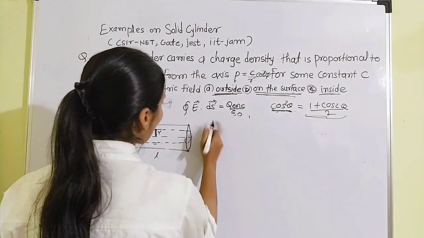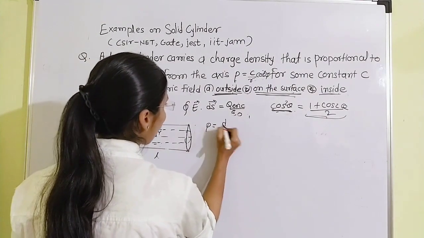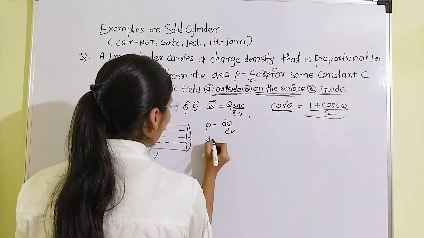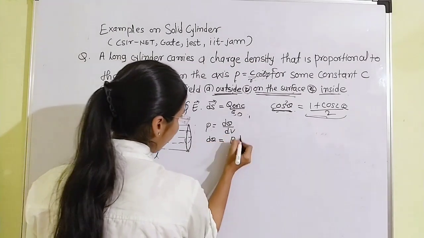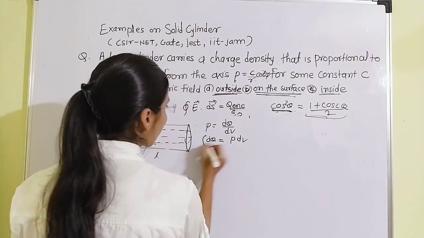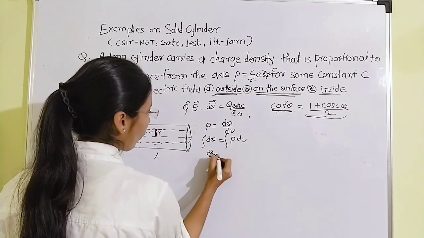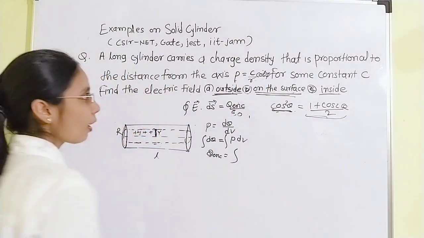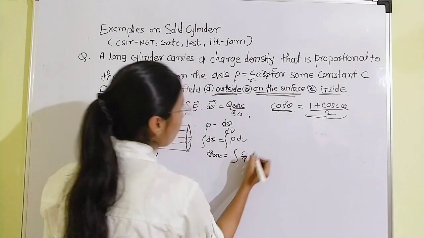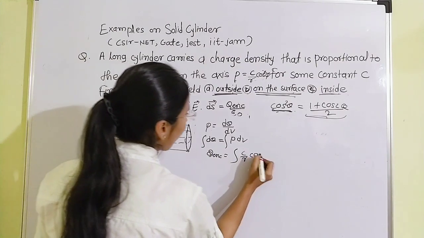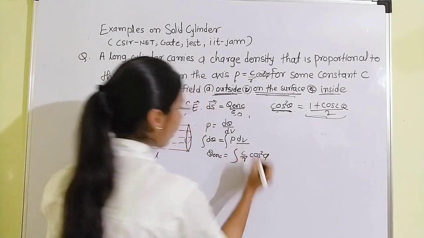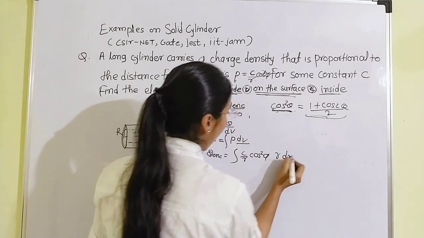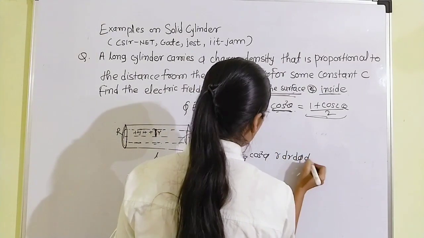We know that rho is equal to dq by dv. So dq is equal to rho into dv. So q enclosed is equal to the integration of rho dv, where the value of rho is c by r cos square phi, and dv for the cylinder is r dr d phi dz.